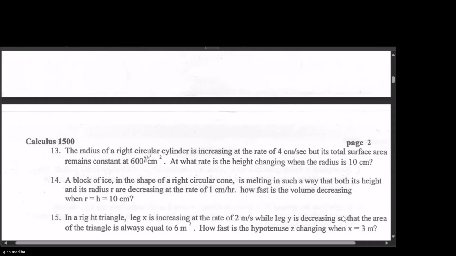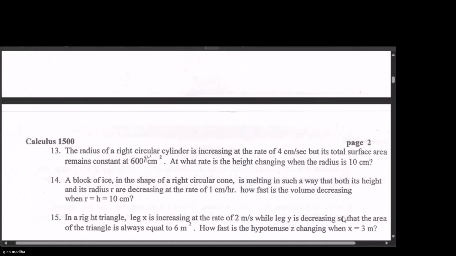What I have on the other side is x squared plus y squared equals z squared, and then the derivative of that equation. But I've managed to find the values for everything else except dy over dt, because what we're solving for is dz over dt. I'm stuck at how to find the value for dy over dt.